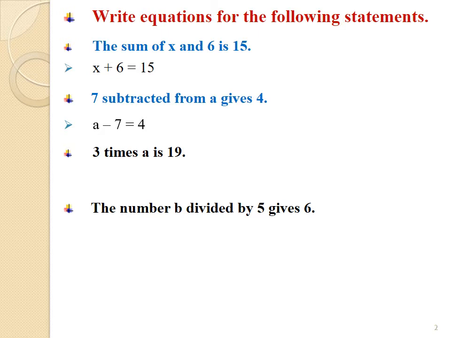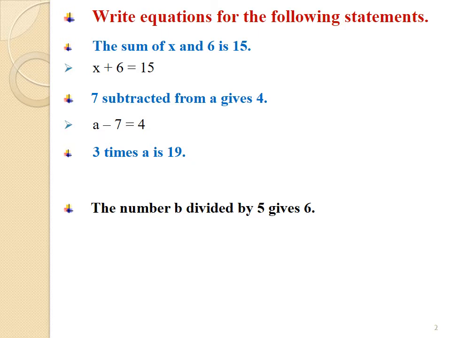Now, sum number 3. 3 times A is 19. Students, we know that when the word times is given, then we have to multiply. So, in this equation, we have to multiply A by 3 to get 19.